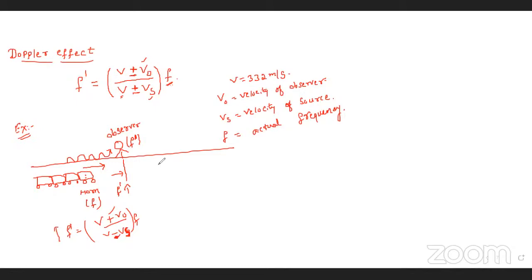Now if the train passes away from the observer, what will be the apparent frequency? Will it be less than the actual or more than the actual? If the train is moving away, the frequency has to decrease, right?